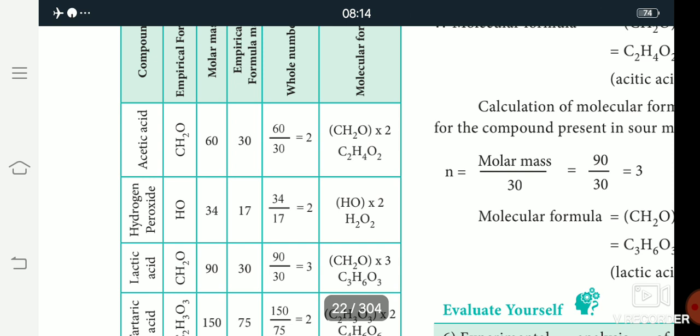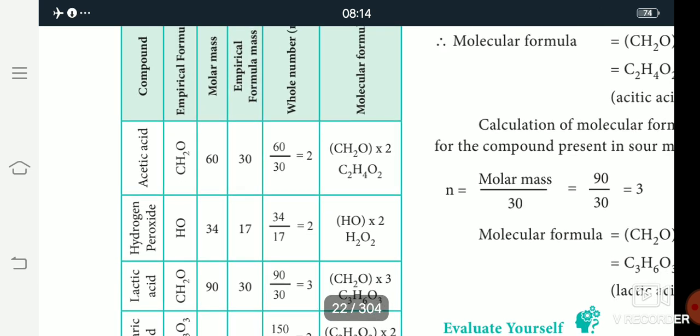Lactic acid is CH2O. So lactic acid and acetic acid have the same empirical formula, CH2O. The molar masses are: acetic acid 60, hydrogen peroxide 34 and lactic acid 90.